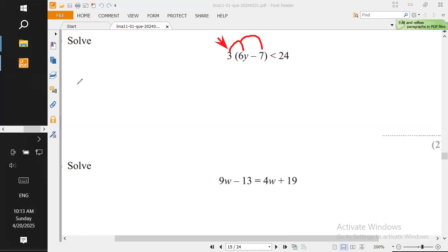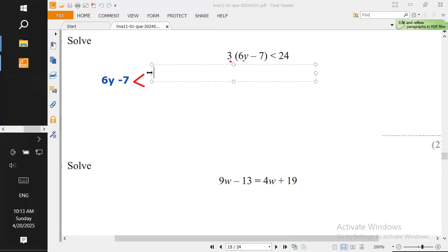So instead of making numbers bigger by expanding, I'm going to take the 3 to the other side by dividing. So I'll end up with what's inside the bracket, 6y minus 7, and then the inequality sign. Focus on the signs because they are very important. So the inequality sign here, and then I have 24 divide 3.